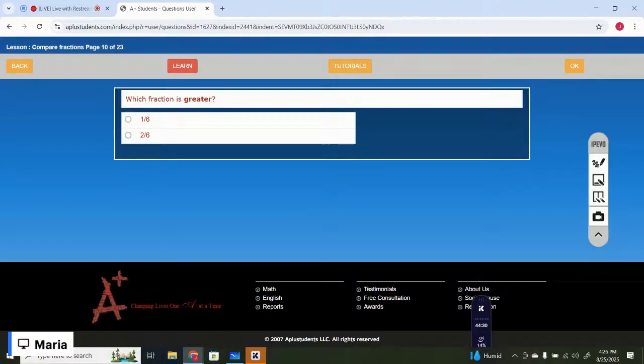Which fraction is greater? 1 by 6, 2 by 6. That is 2 by 6.